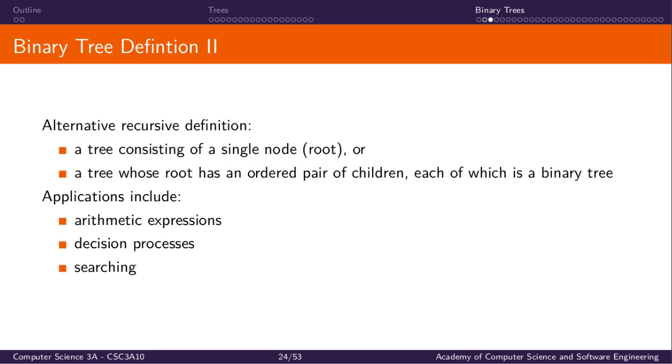An alternative definition of this would be a recursive one, where a tree consists of a single node, the root, or a tree whose root has an ordered pair of children, each of which is a binary tree. So we can think of it like this. Our tree either has a single node, or it has a single node with 2 binary trees rooted at its children.